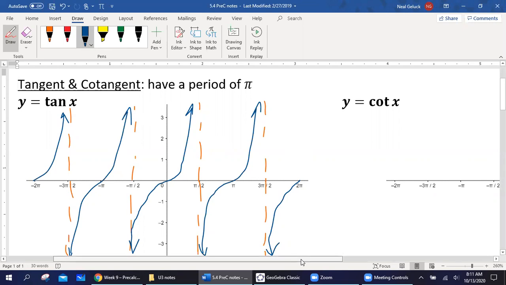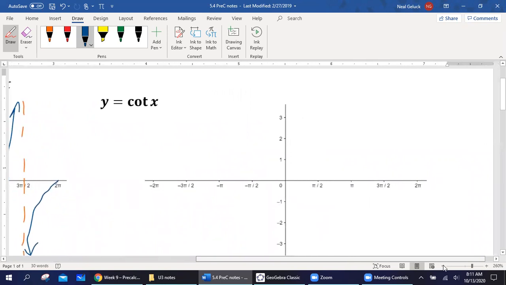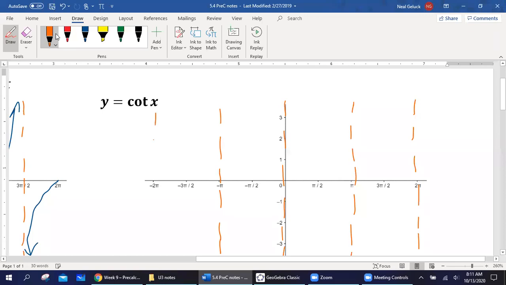Cotangent, on the other hand, it's undefined at the even numerators of pi over 2, meaning 2 over 2, which is pi, 2 pi, 0, negative pi over 2, negative 2 pi.